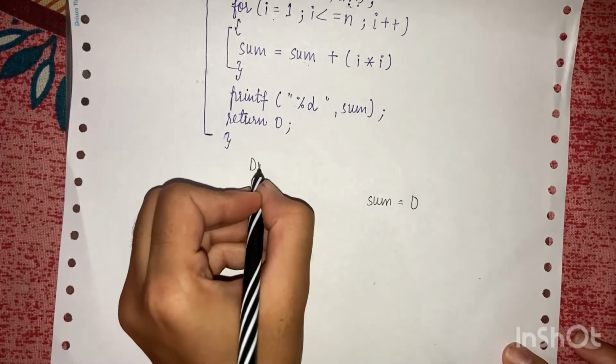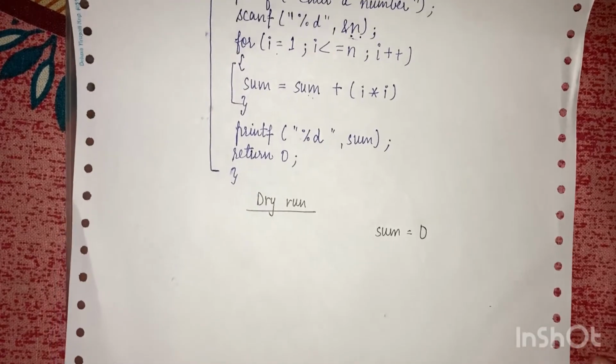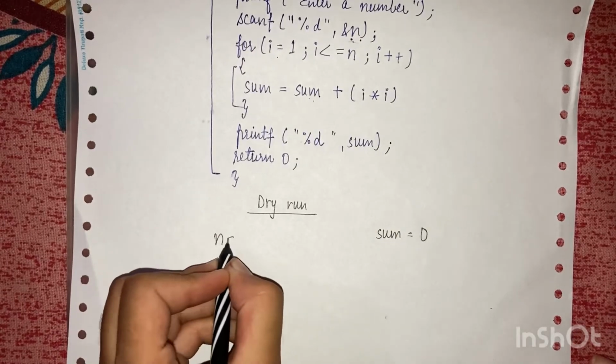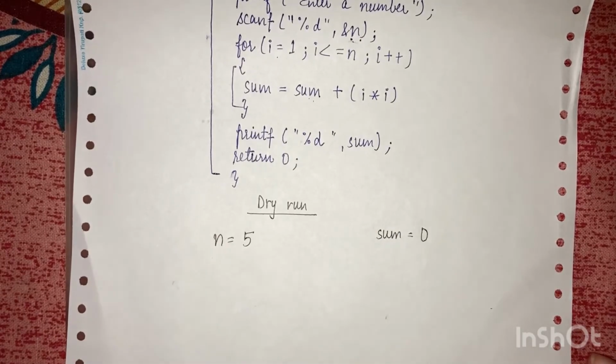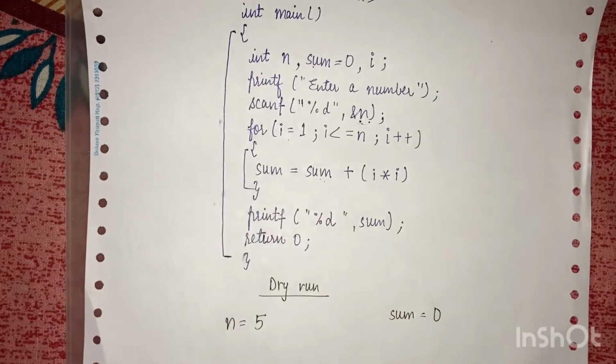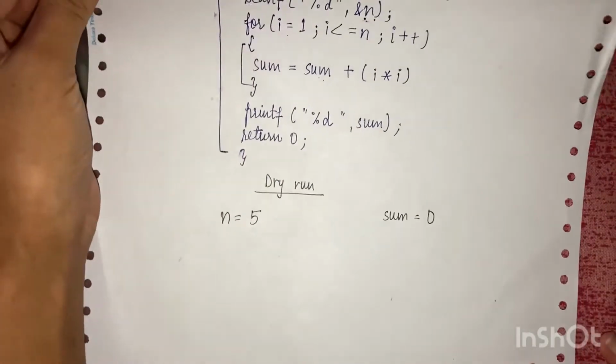This is the dry run. So now we input a number. Suppose I'm inputting n is equal to 5. I'm the user and I'll input. As soon as I get this command on my computer screen, I will input the number n. So n will have value 5.